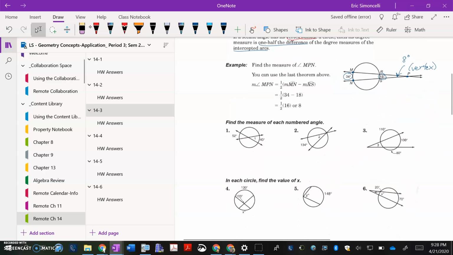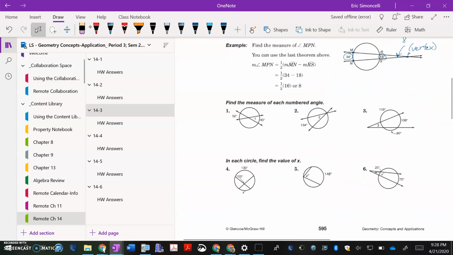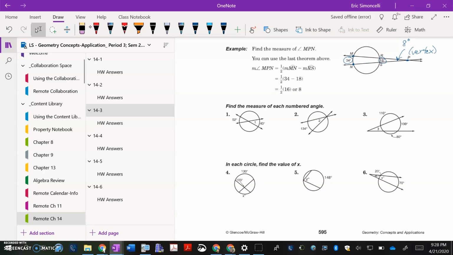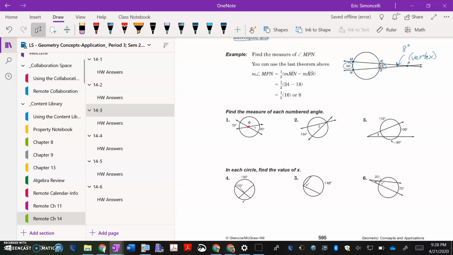So as you can see, the 6 questions that we're about to take on here, the first 3 of which ask for the measure of each numbered angle, as we kind of already discussed in the example up above. But for problem number 1, this is a little bit different in the sense that, well, because the angle in question, in this case angle 1, has a vertex of which is inside the circle, we're going to be applying the first theorem.